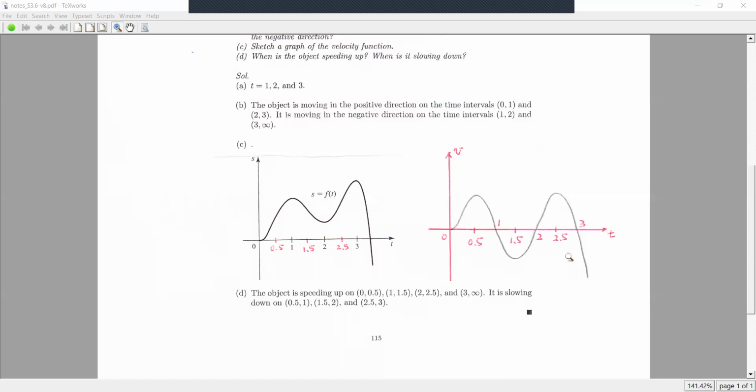When we take absolute value, this piece of the graph is decreasing. So over this time interval, speed is decreasing. Therefore, the object is slowing down and is moving in the negative direction because velocity is negative.